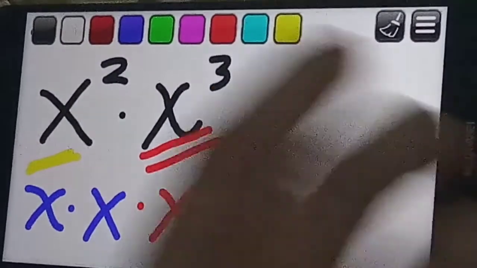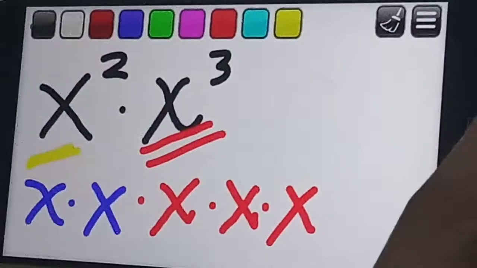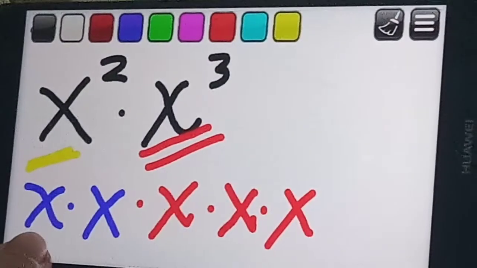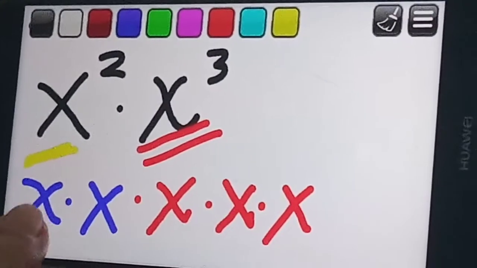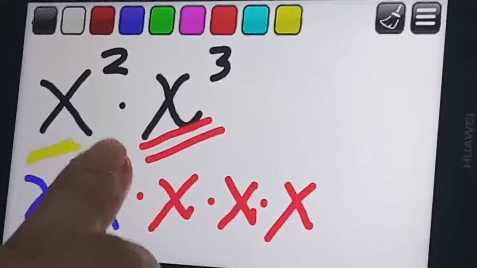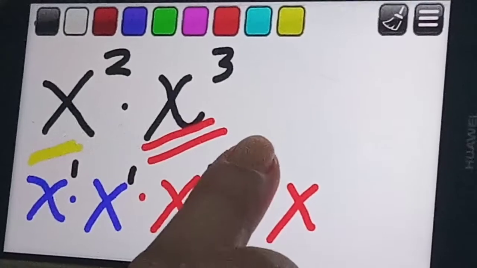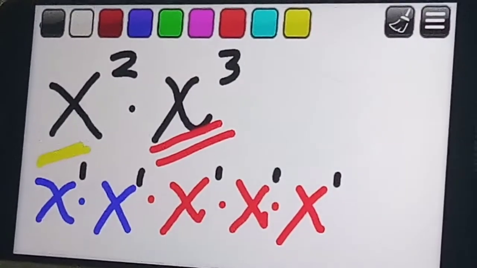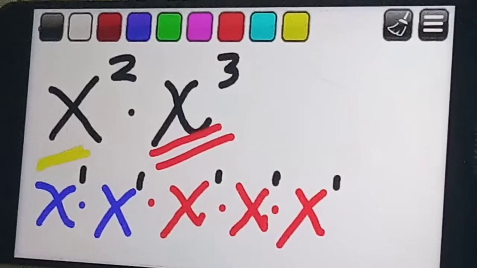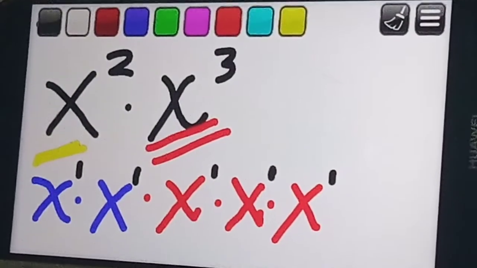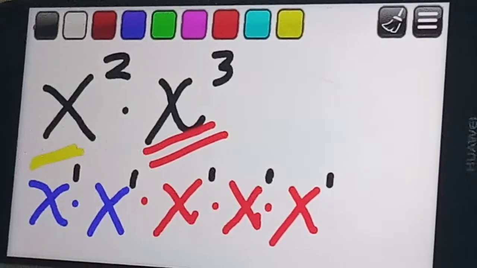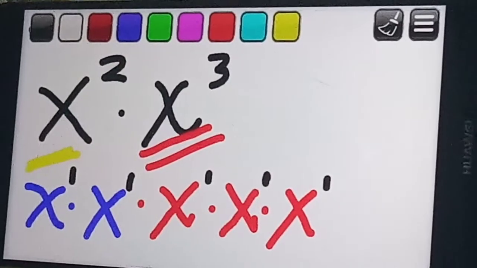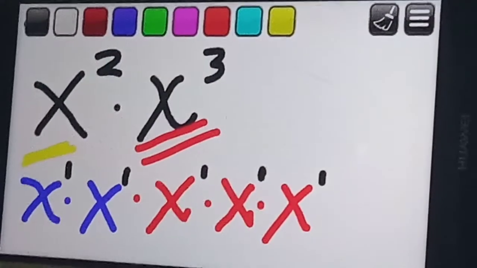In algebra, it's very important to know that a variable without an exponent has an invisible 1 there. Not only x, but any letter in the English alphabet. It could be a to the first power, or just b. It's understood that the exponent is 1.